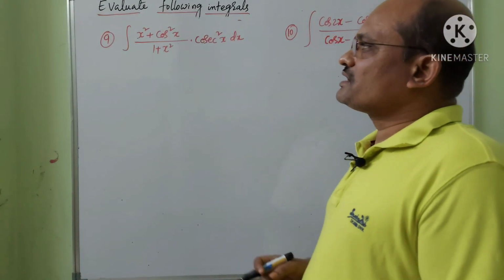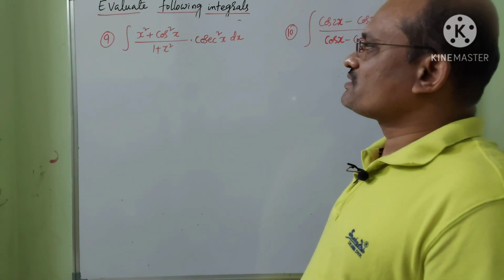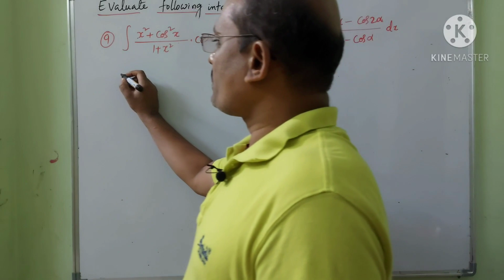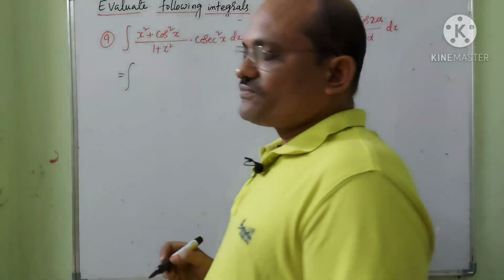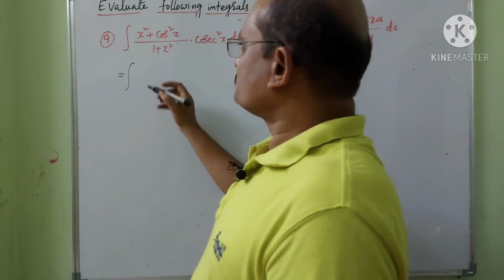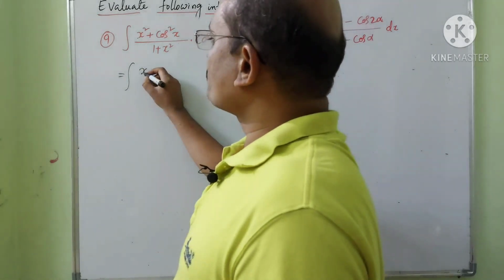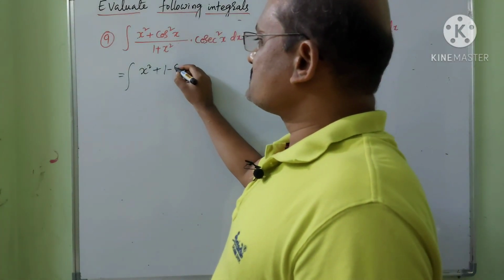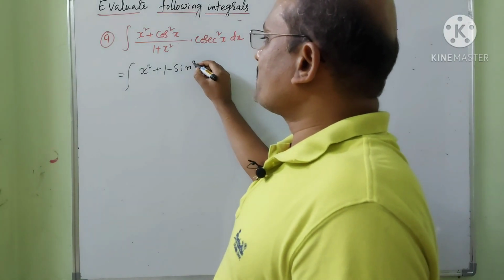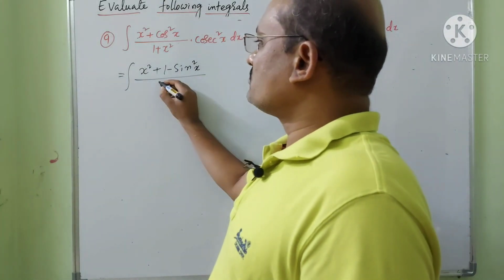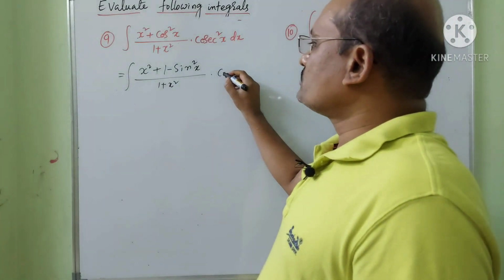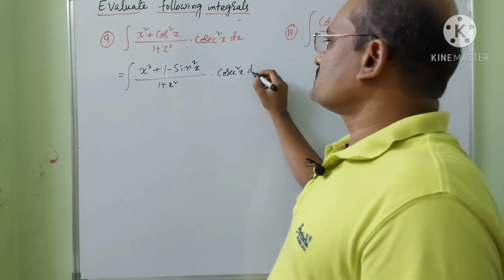Next question, integral of x square plus cos square x by 1 plus x square into cosecant square x dx. First of all, simplify the given function. x square plus cos square x can be written as 1 minus sin square x by 1 plus x square into cosecant square x dx.